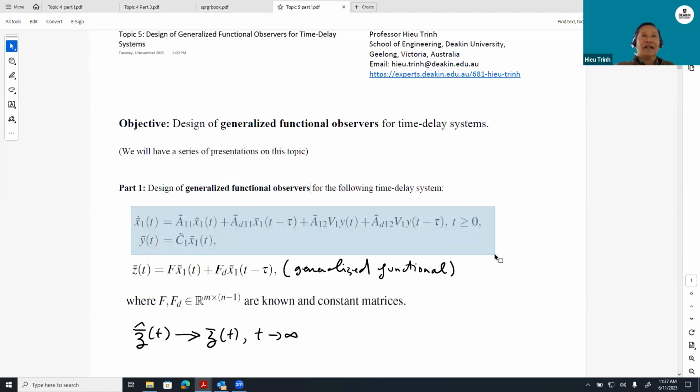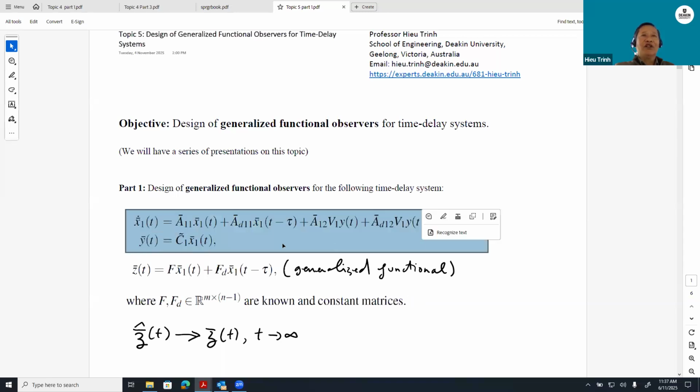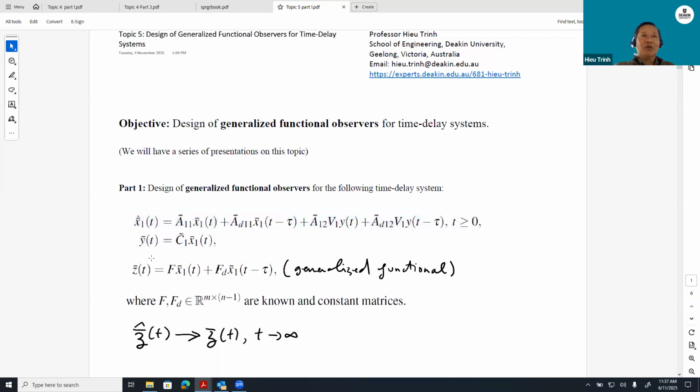This arrived from topic 4, part 1, where we didn't have a time delay term in the output measurement, and therefore we only had an instantaneous stack vector combination of it in the output measurement y bar of t.